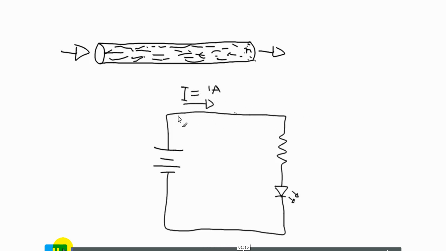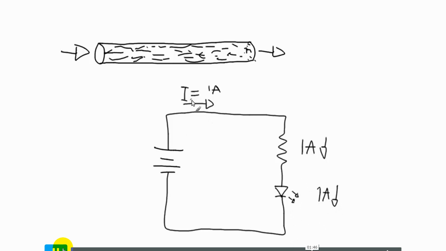That means this 1 ampere is also pushed into this resistor here. So we have 1 ampere going through the resistor too, right? And then this 1 ampere is pushed through the LED. So that means we have 1 ampere going through the LED also, which in most cases will break it, but let's just keep 1 ampere as an example.